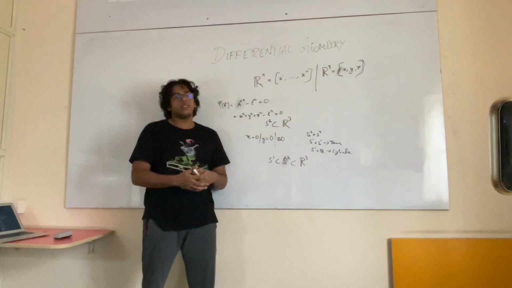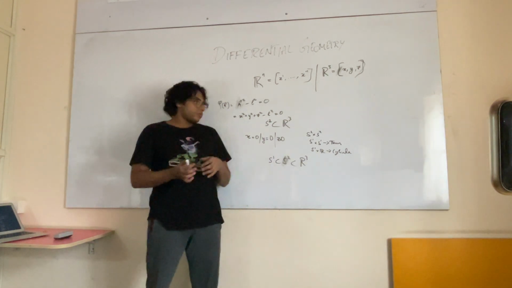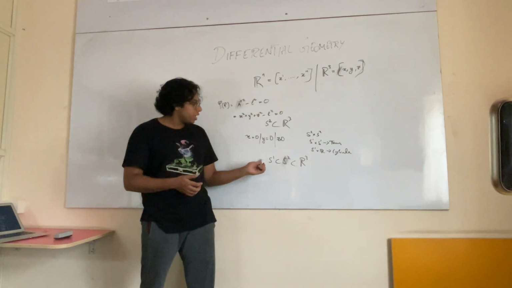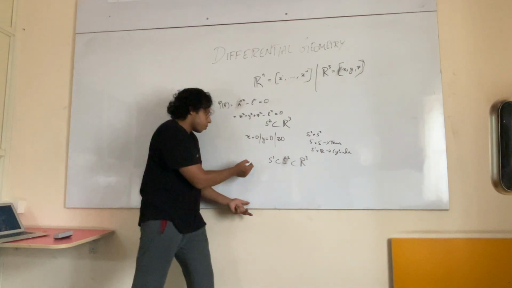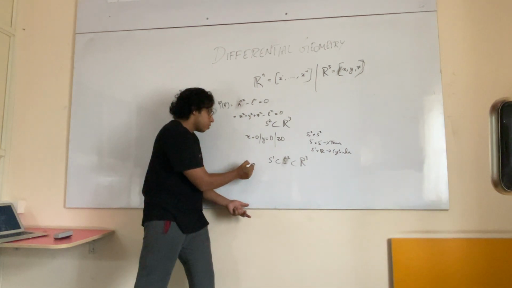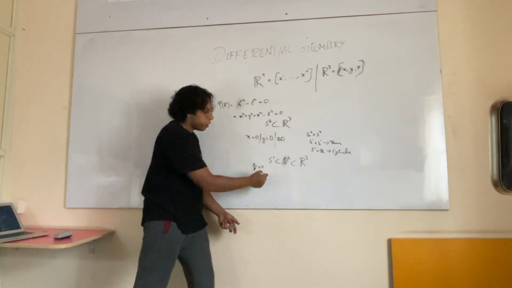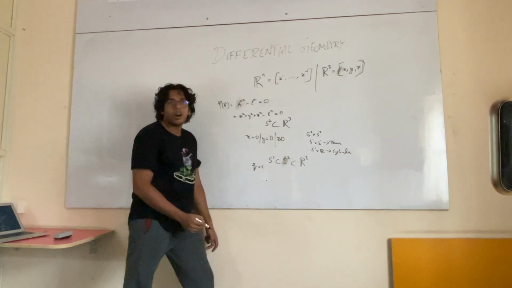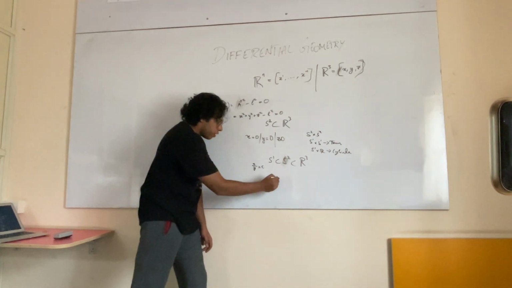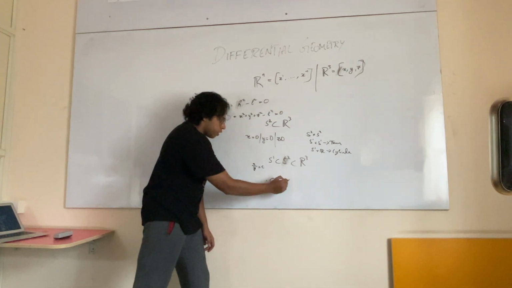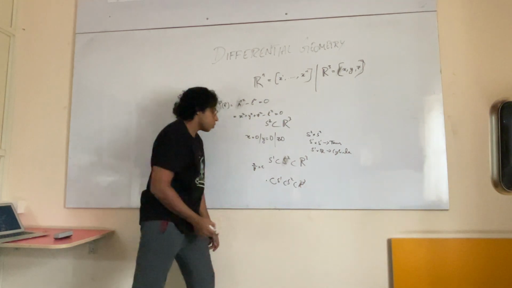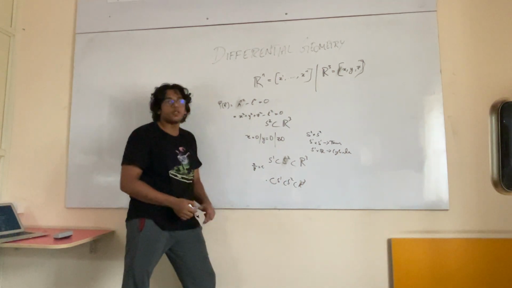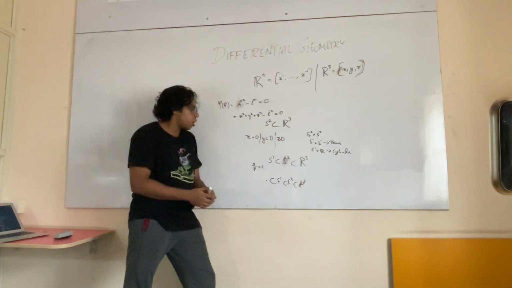So if you specify your theta after this, which is say x by y is equal to some constant, you have a particular point which is a subset of S1, which is a subset of S2, which is a subset of R3. So this is a point solution. So you have a particular exact solution, right?